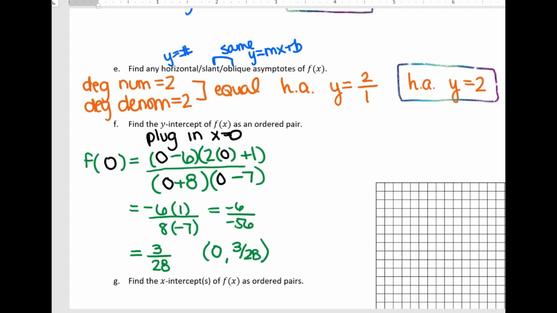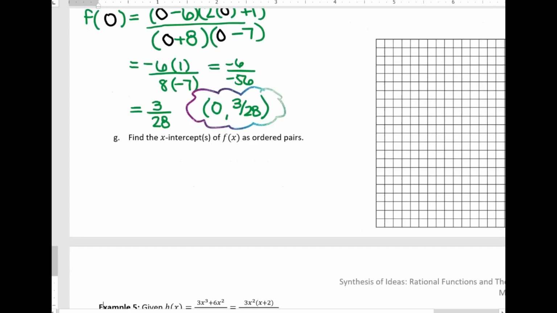3 over 28. Setting the top equal to 0. Again, nothing canceled, but we already have factored form.